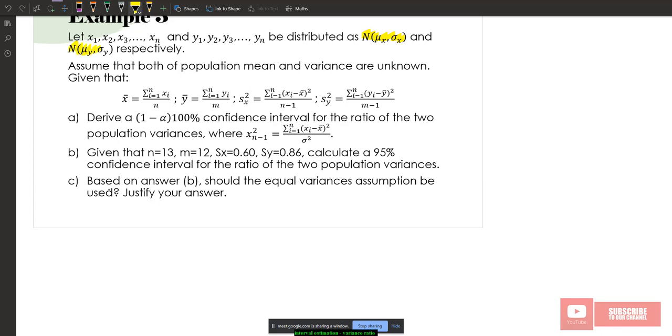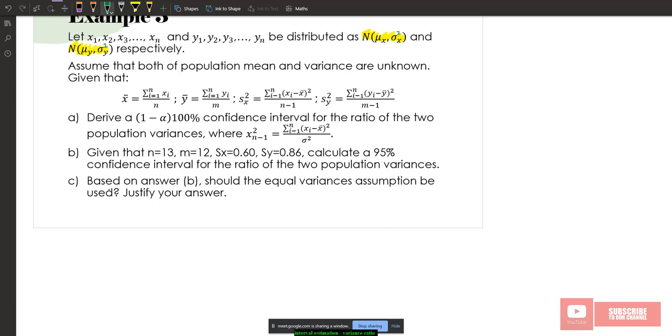And for y, the mean equals mu y and the variance equals sigma y squared. So basically this is sigma 2 squared, right? It should be variance.